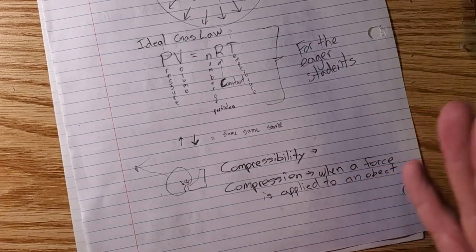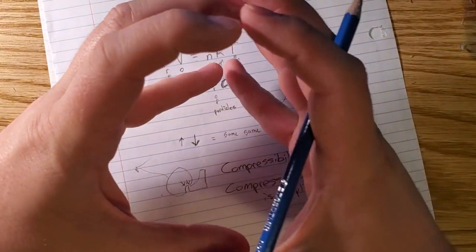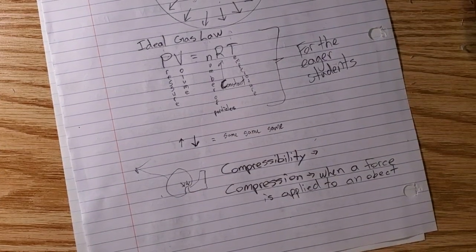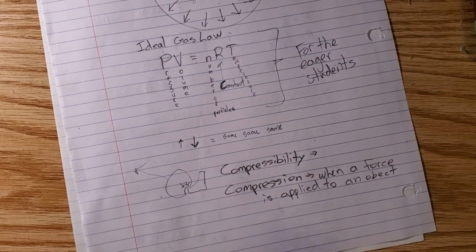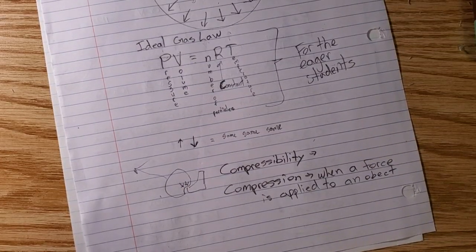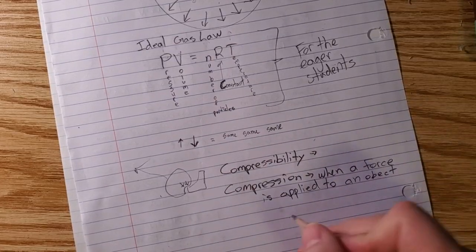Okay, so different things can be compressed. They can be squeezed together or they can expand, okay? So you can compress air, you can compress liquids, you can squish them, or you can cause them to expand a little bit. Now, gases compress more.